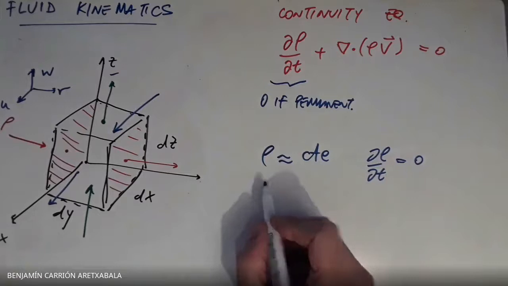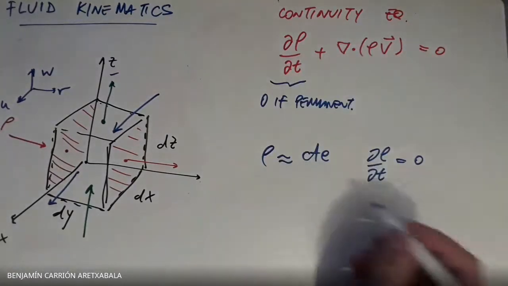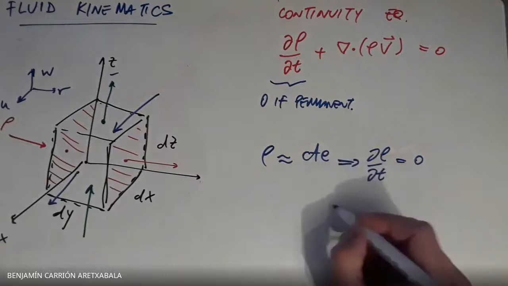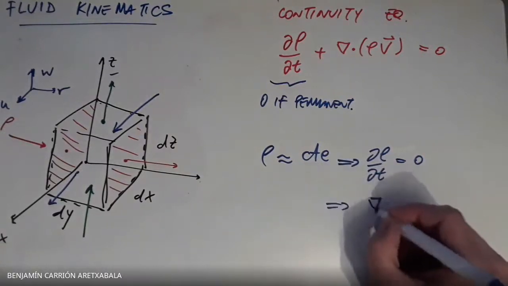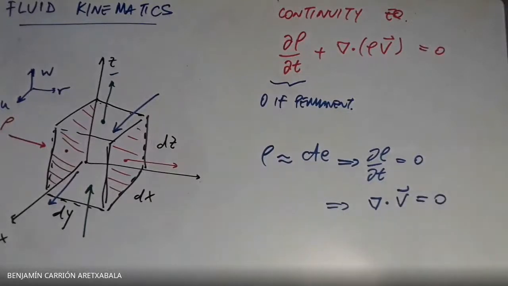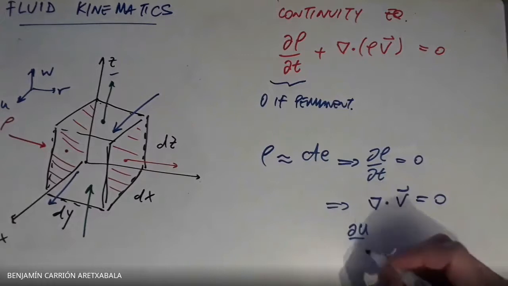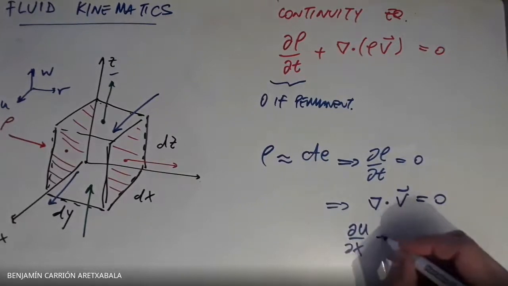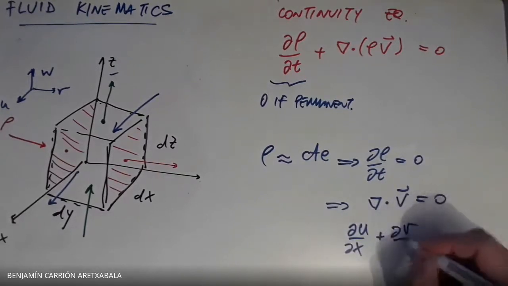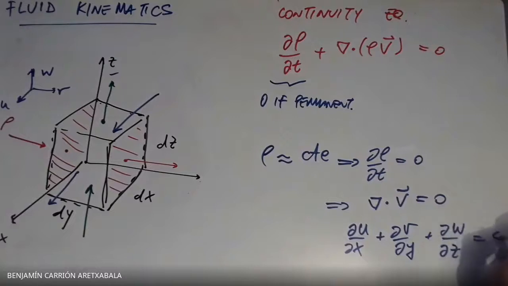And if it's constant, then you can pull it out of this nabla operator, and you get that you only have your nabla operator over velocity. This has to be zero, and this is a classic equation: du over dx plus dv over dy plus dw over dz has to be zero.